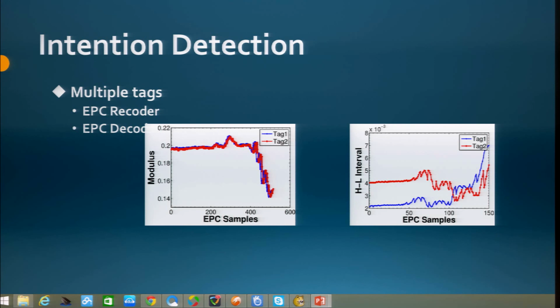However, for some tags the change of their signal is very similar. So how do we successfully distinguish those signals? This is the first challenge.